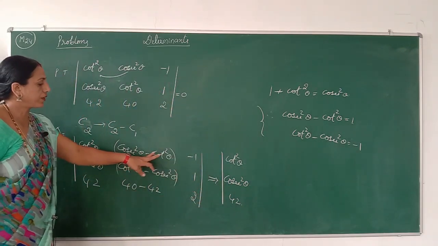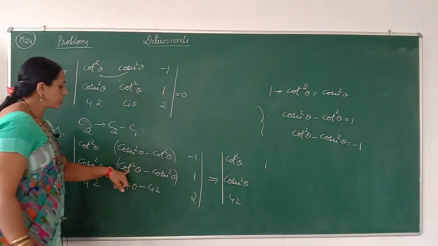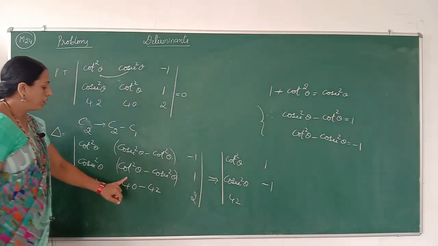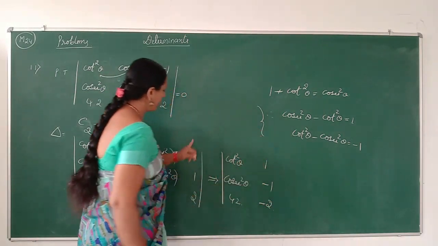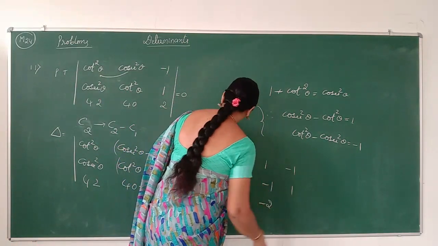Then cosecant square minus cot square is nothing but 1. Cot square minus cosecant square is nothing but minus 1. 40 minus 42 is minus 2. And the elements of the third column are minus 1, 1, 2.